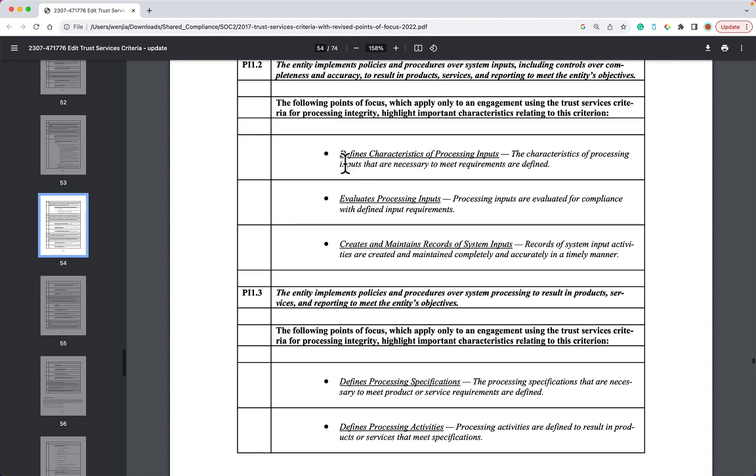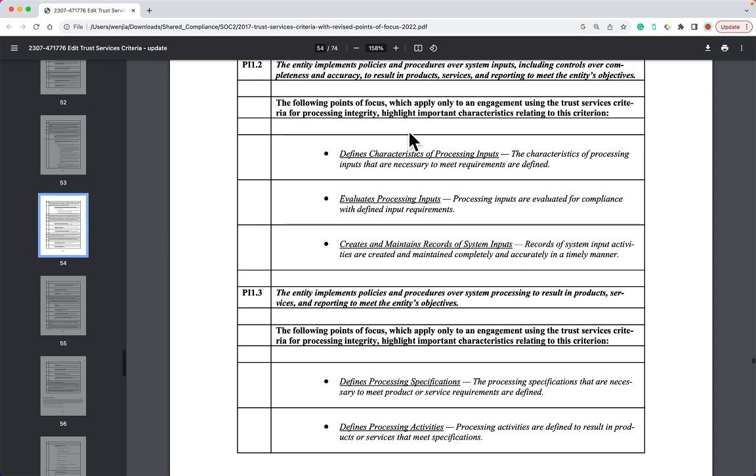So how to do this? There are 3 points of focus. 1, defines characteristics of processing inputs. The characteristics of processing inputs that are necessary to meet requirements are defined. Like you need some specific data, and you need to mark them.